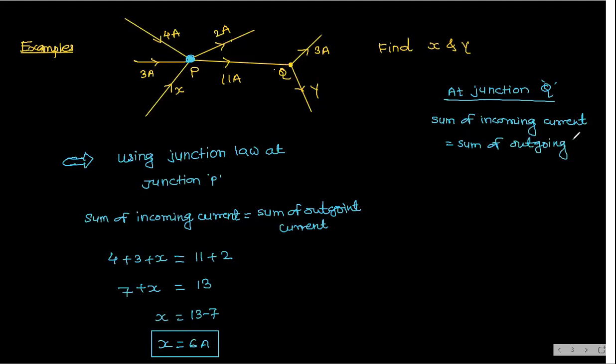Now listen, which current is coming? Only one current is coming towards this Q, that is 11. So 11 should be equal to 3 plus y. Therefore 11 minus 3 is equal to y, and y is equal to 8 ampere.